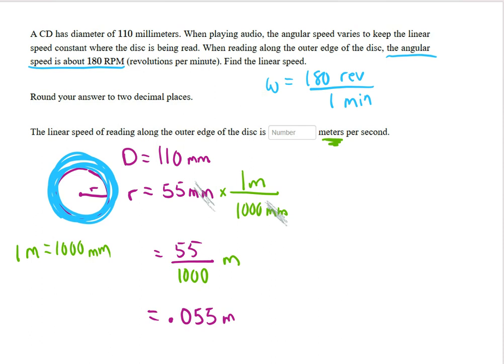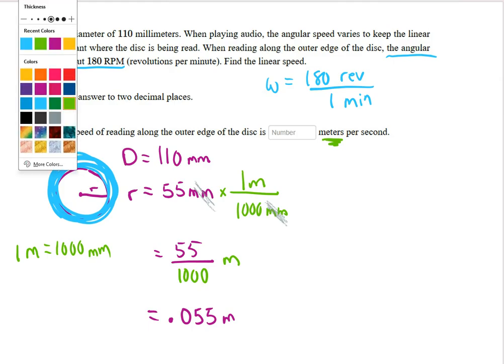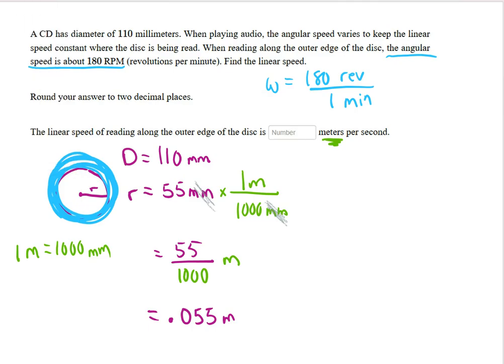However, we're being asked to find the linear speed. The formula for linear speed is v equals s over t, but s is actually r times theta.